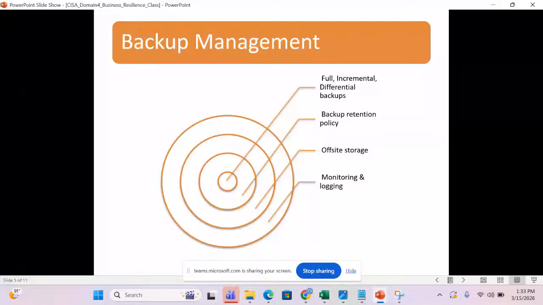Everything is getting backed up. Somebody might ask, are we backing it up manually? No. If you are using a cloud environment, it is not manual. It is going into the cloud service every day. But on the last day of the week, you do a full backup of every data that you have and back it up into the cloud. That's a full backup of all the activities for the week.